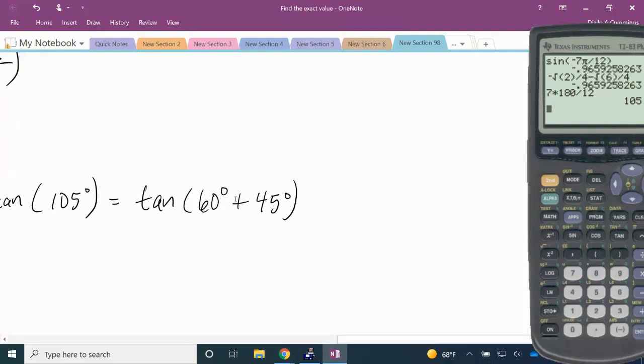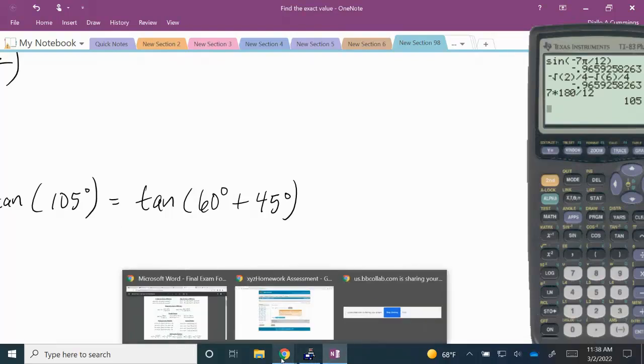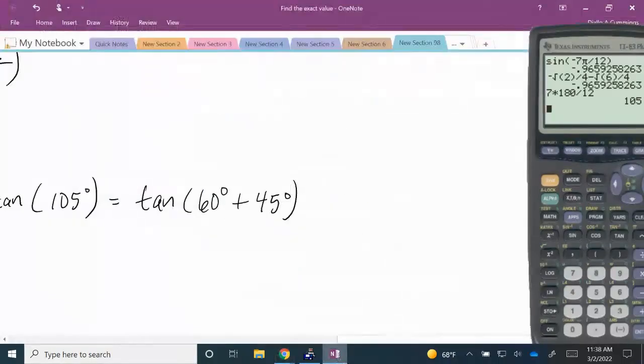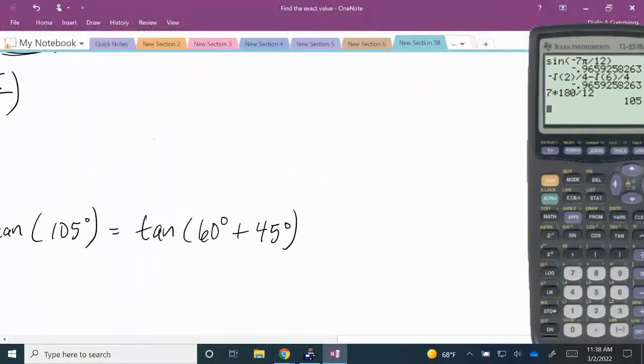So I'm going to look back at the sum of tangent formula. The sum of tangent formula says that the tangent of A plus B is tangent A plus tangent B, divided by 1 minus tangent A times tangent B. So I'm going to just write that above my problem.